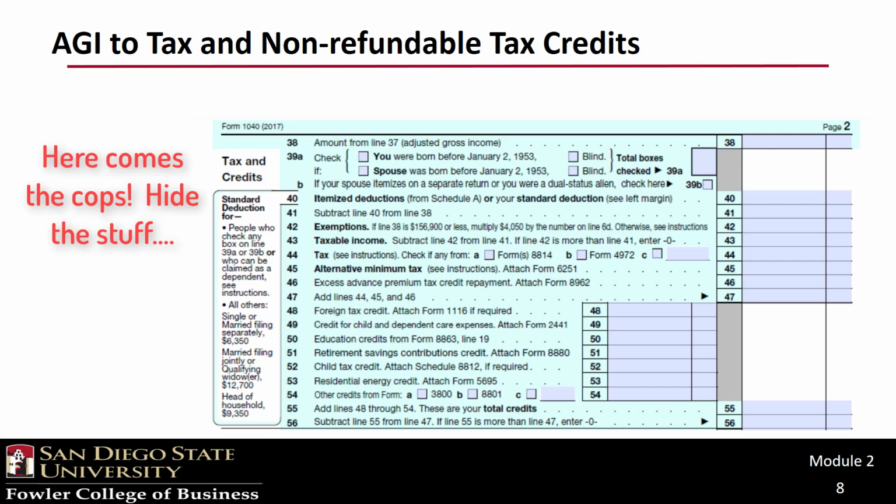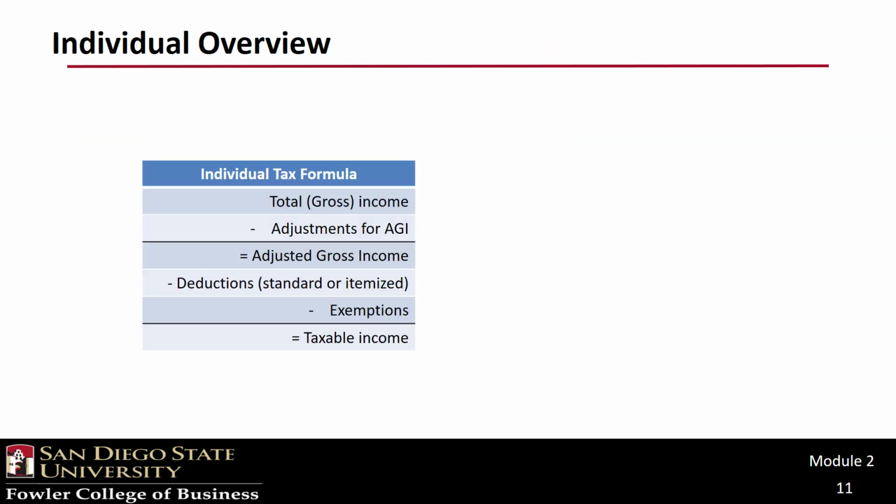Deductions lower taxable income, and thus indirectly lower taxes by lowering the tax base. Credits, on the other hand, lower taxes directly. They represent a dollar-for-dollar reduction in tax liability. We're going to talk about credits in more detail in a couple of videos, so just remember, this is just an overview. All right, now let's skip forward again.